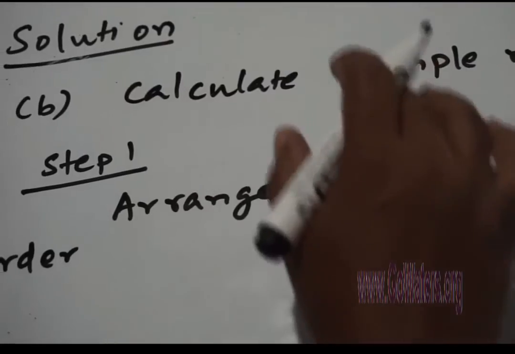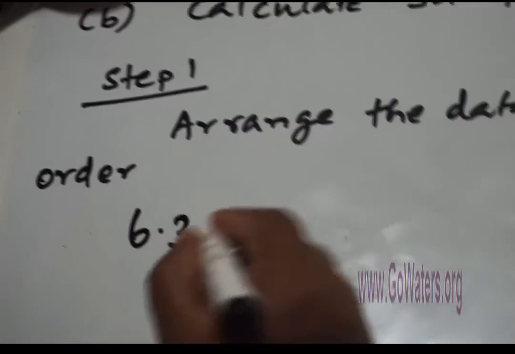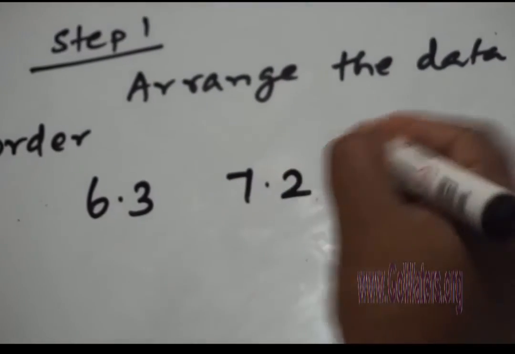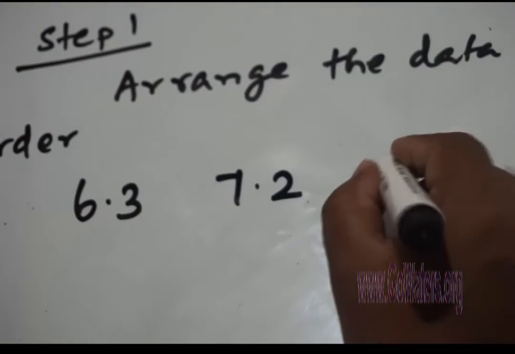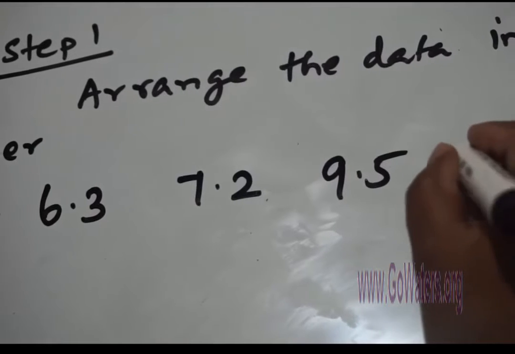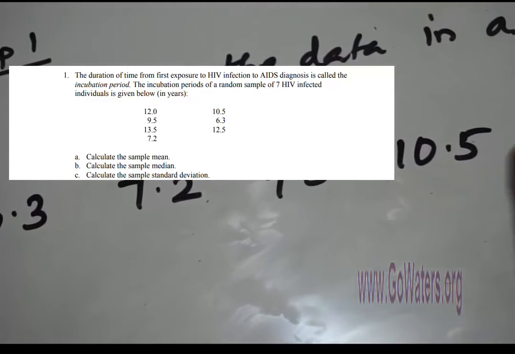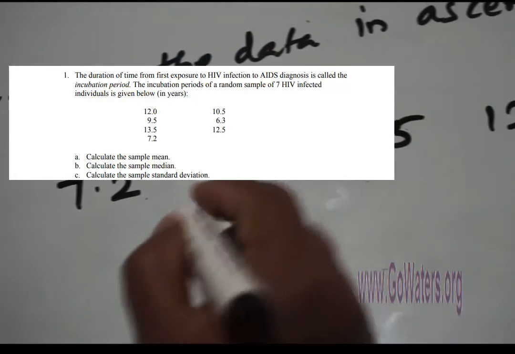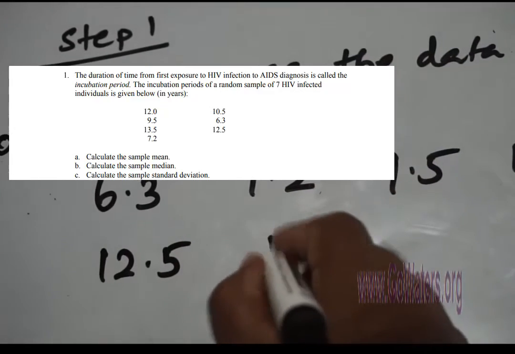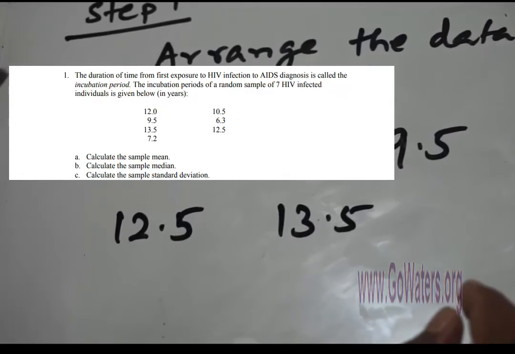The smallest number is 6.3, so you write 6.3 first, and then the next number is 7.2, then 9.5, then 10.5, then 12, then 12.5, and then 13.5. So all the 7 numbers are arranged in ascending order.